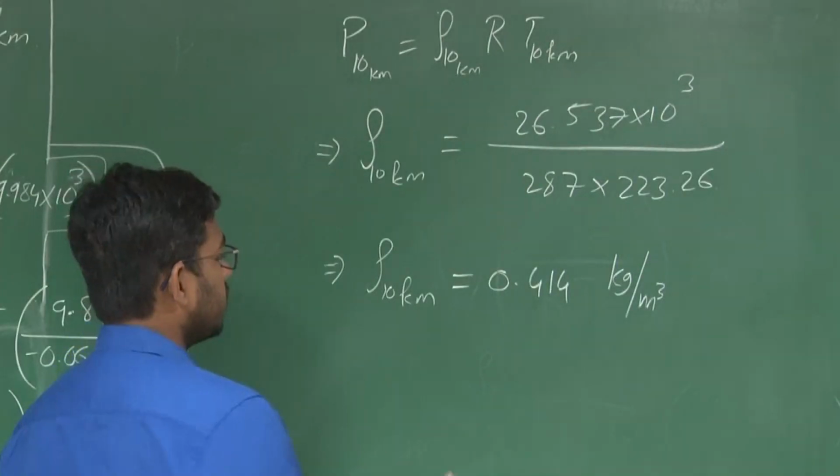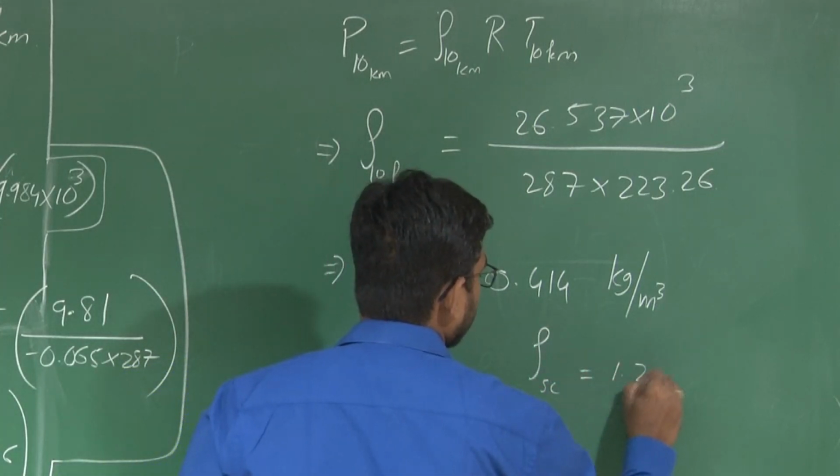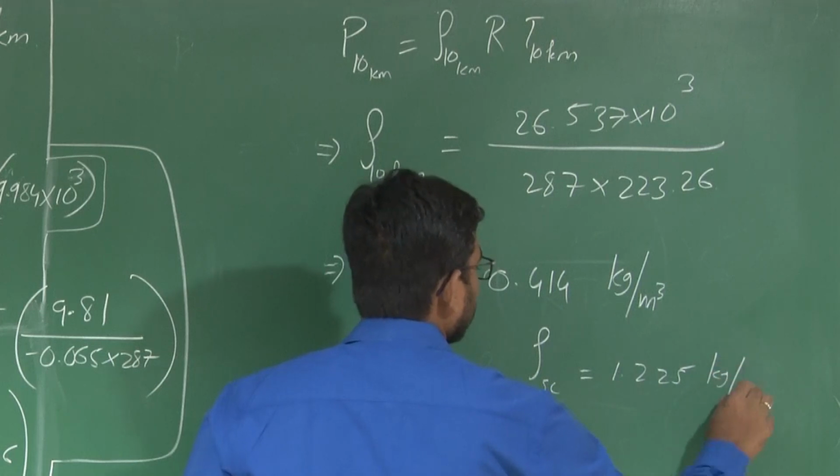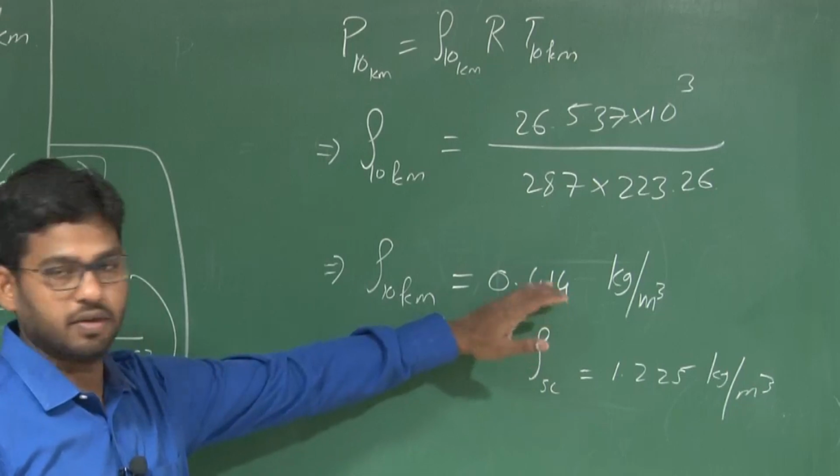So density at sea level is 1.225 kg per meter cube, right? See, the density has decreased by more than half.